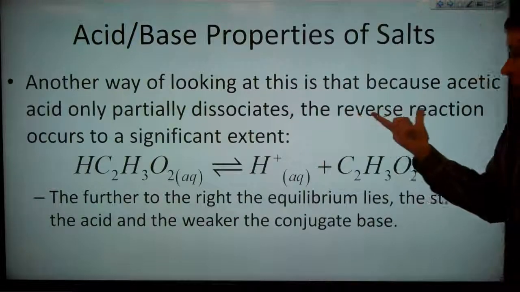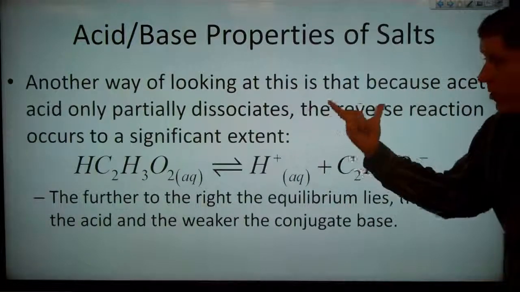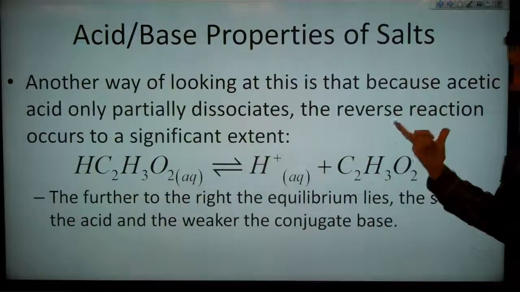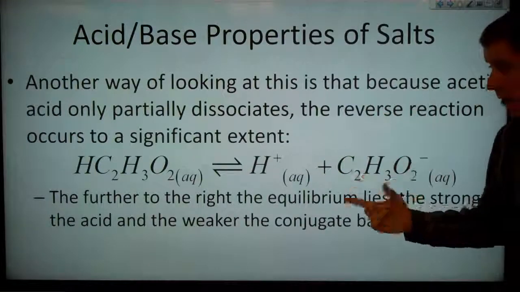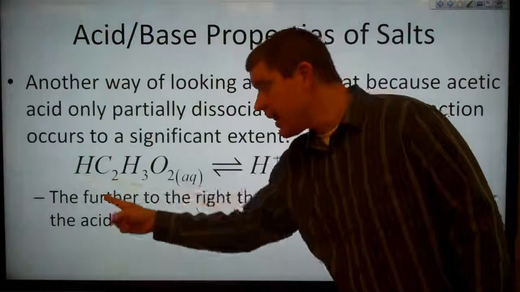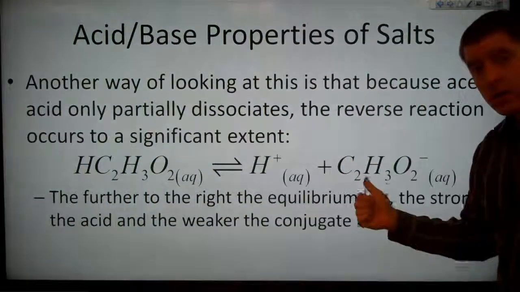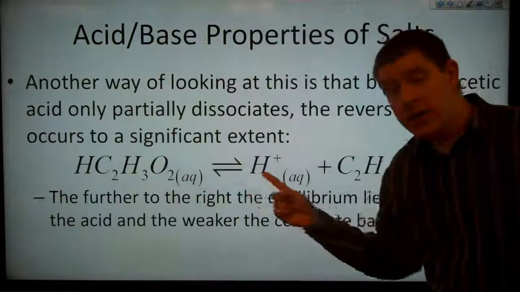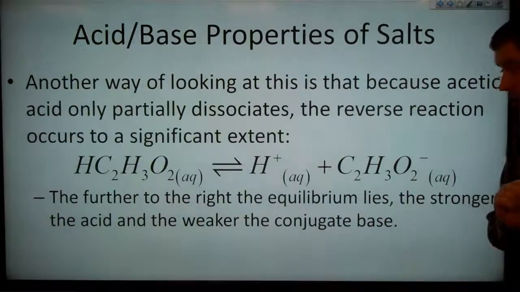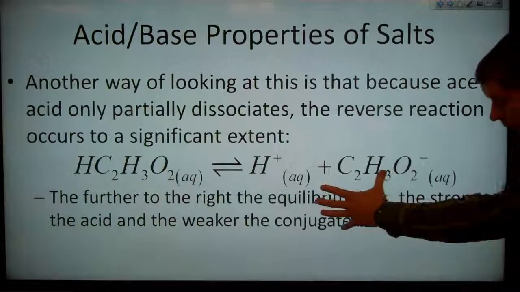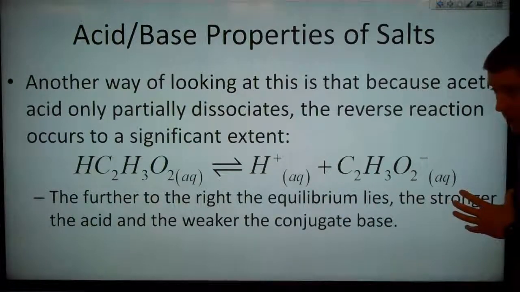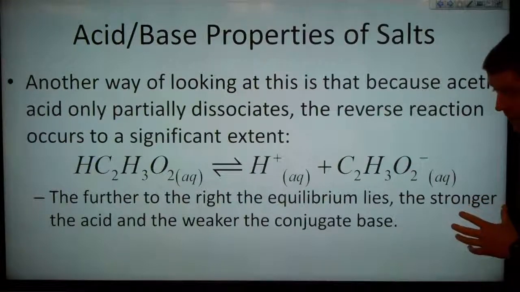So, another way of looking at this is that because acetic acid only partially dissociates, then that reverse reaction occurs to a significant extent. If we have a lot of our acetic acid in this form, then because some of it is dissociated, some of it must be reassociated and getting reformed. So, the further to the right this equilibrium lies, the stronger the acid is, and the weaker our conjugate base gets.